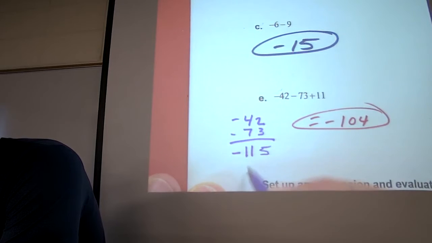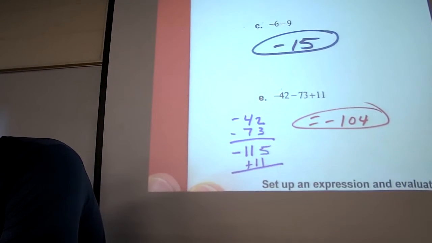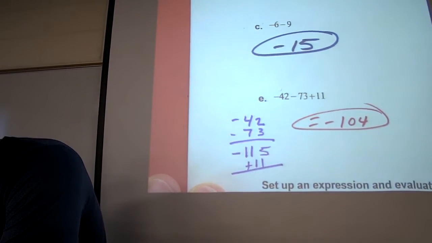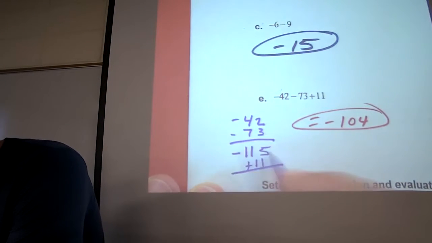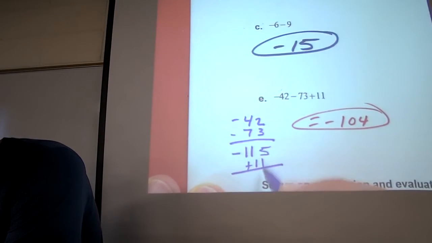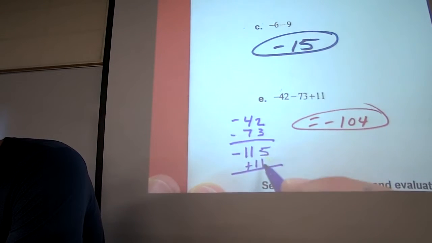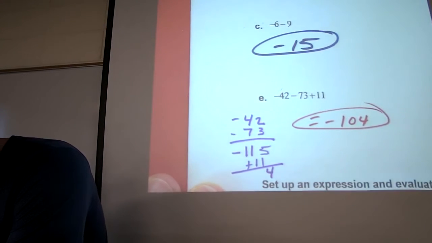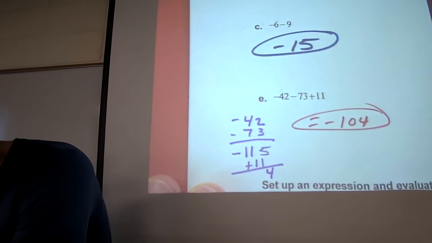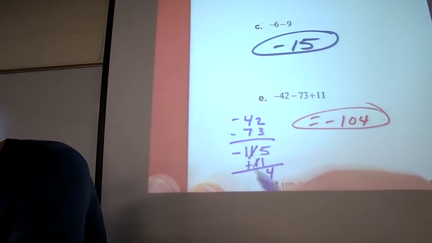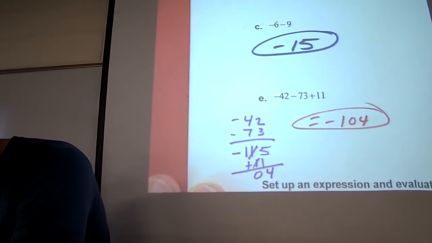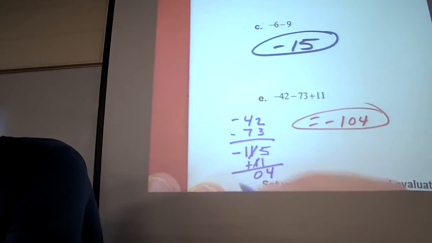Now I'm going to add 11. Well, now I see that these are different signs, so it's like I'm reducing this. So it's negative 5 plus 1 is 4. And then these are canceling, leaving me with 0, because one's a plus and one's a minus, and then I have a negative 104.